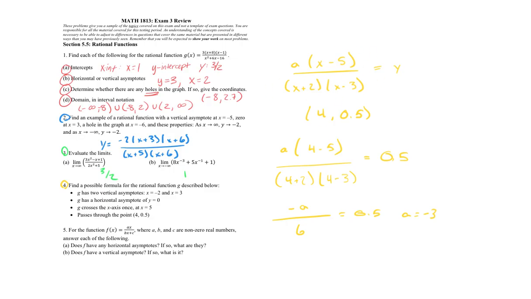So our final answer is going to be that. And instead of y, because it says g, I'm going to say g of x equals negative 3 times x minus 5 over x plus 2 times x minus 3. And we're done.